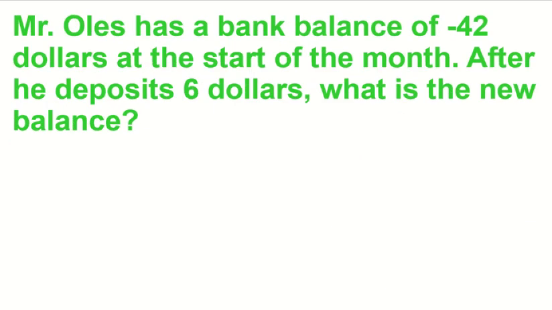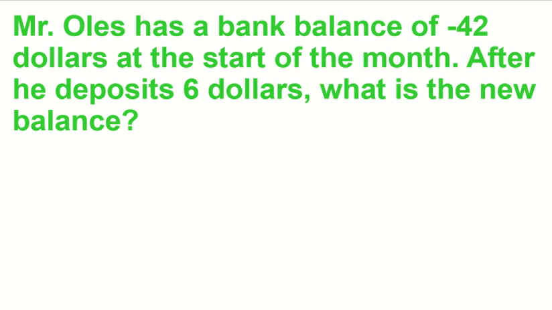A little trickier. Mr. Alice apparently has negative $42 at the start of the month. That is not ideal. After he deposits $6, what will be his new balance? Ford, what'd you get? Negative 36.